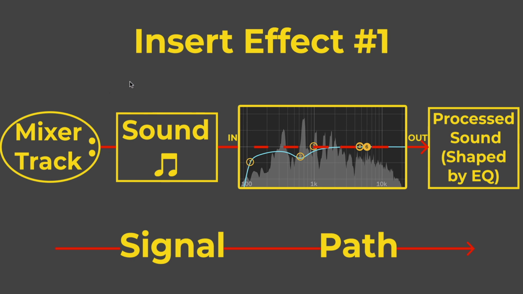So in other words, in your DAW, you've just dropped an EQ straight onto the track, and then the sound on that track is passing directly into the EQ, where it's then being modified in some way. In this case, it's having its frequencies adjusted in whatever way you like here. And then what comes out of the effect is the processed sound that has been shaped by the EQ.